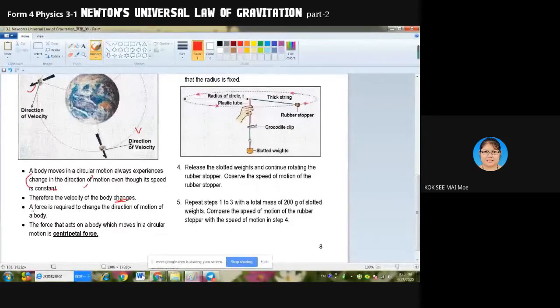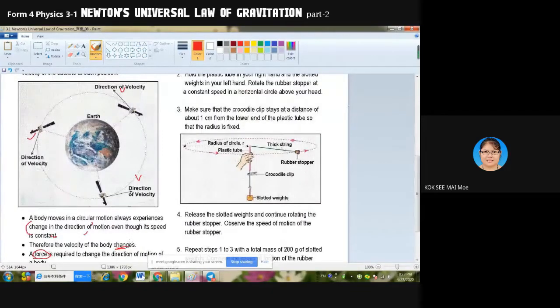So when I say there is a change of direction, it needs some force to make the satellite change direction when it wants to orbit the Earth. The force that acts on a body moving in circular motion, we call centripetal force, Fc. Okay, understand?